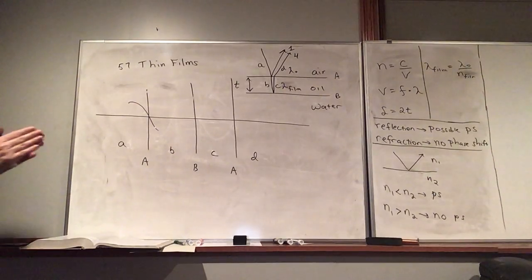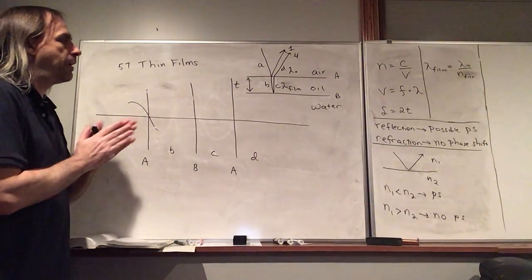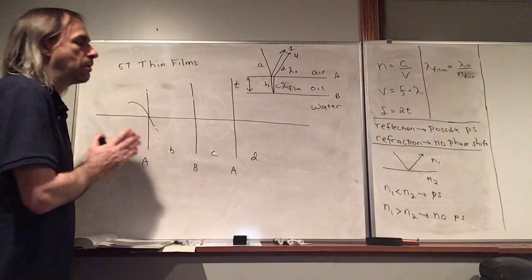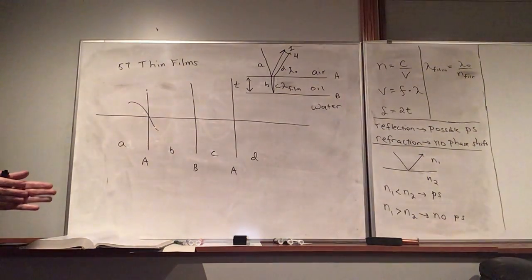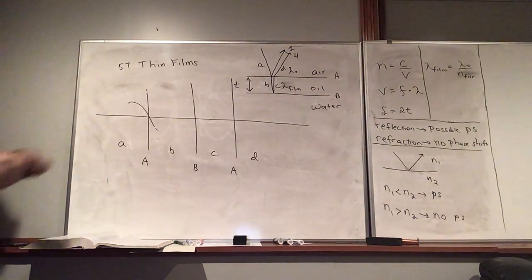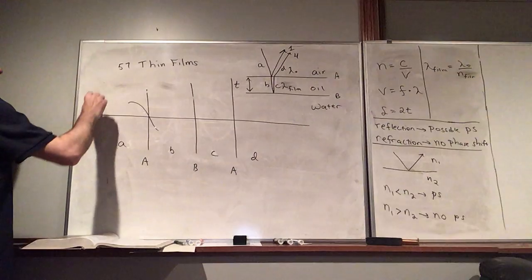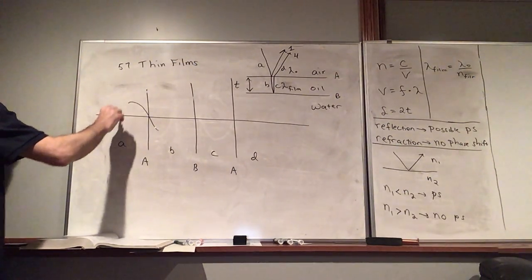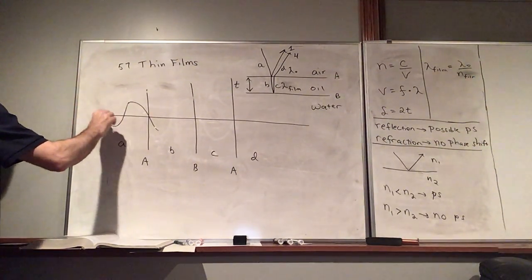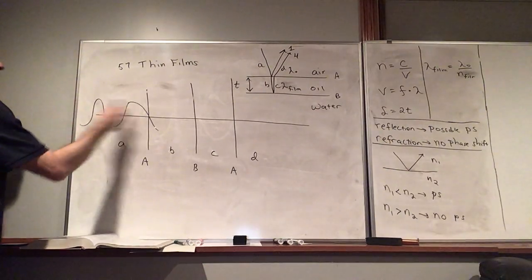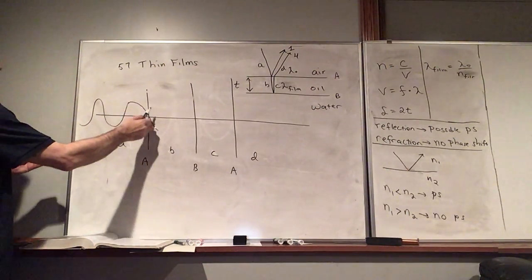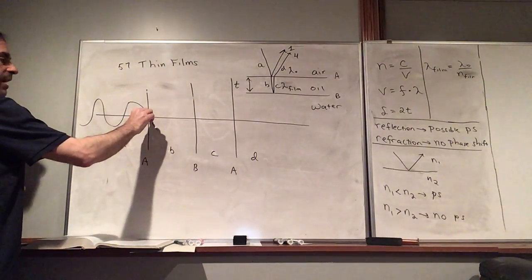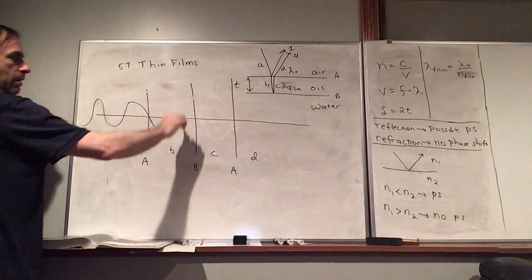That's a complication that we can't really deal with, at least when it comes to drawing graphs accurately right now. The other thing is, remember, this is an incoming wave. So the electric field looks like a sine wave. We're only drawing part of it. But then when it enters this film, the wavelength decreases.